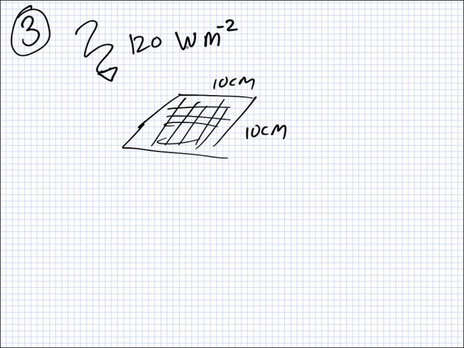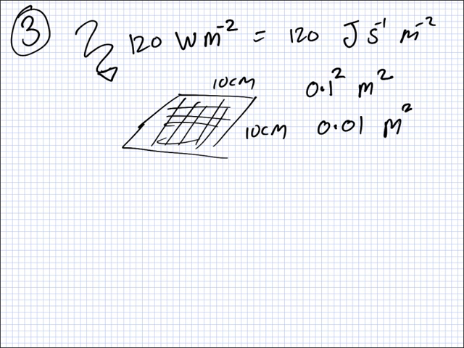So 120 watts per meter squared means 120 joules per second per meter squared. Now, how much do I have here? I have 0.1 squared meters, so 0.01 meter squared.